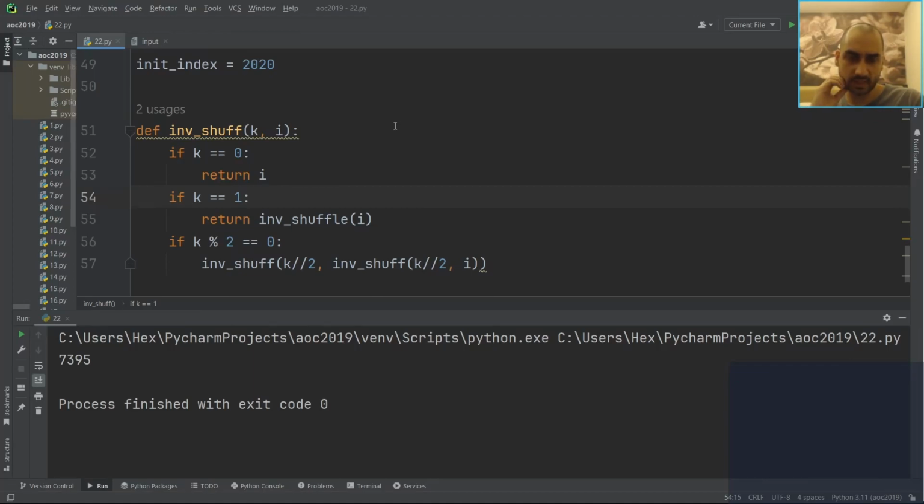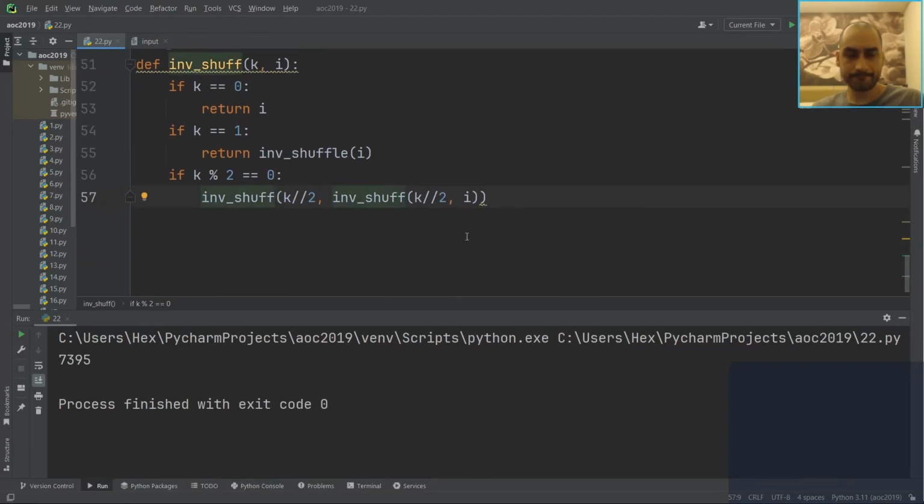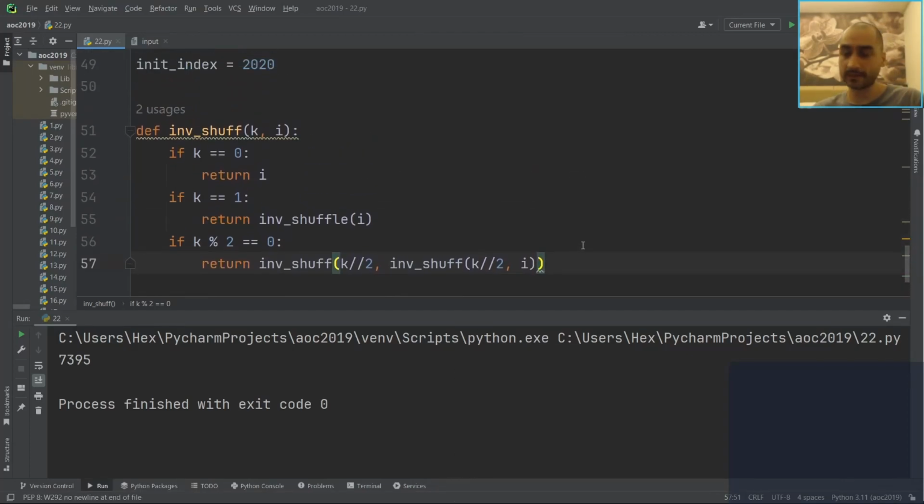What's the benefit of splitting up this way? I think if we already knew how to do k over 2, then we would only have to do it once. But the problem is we've got a different index here, so this wouldn't actually speed it up. We can try and memorize it and see if that helps, otherwise I need to think a bit smarter here.